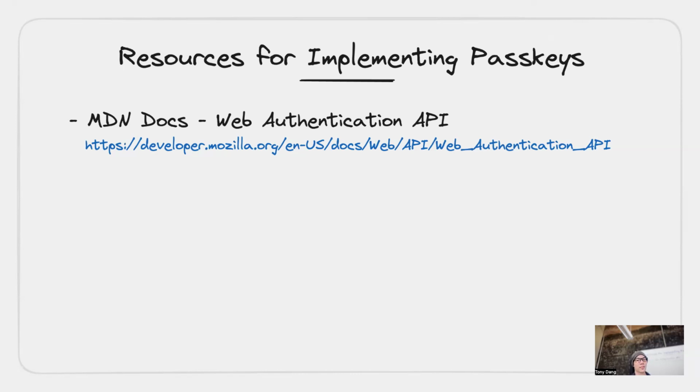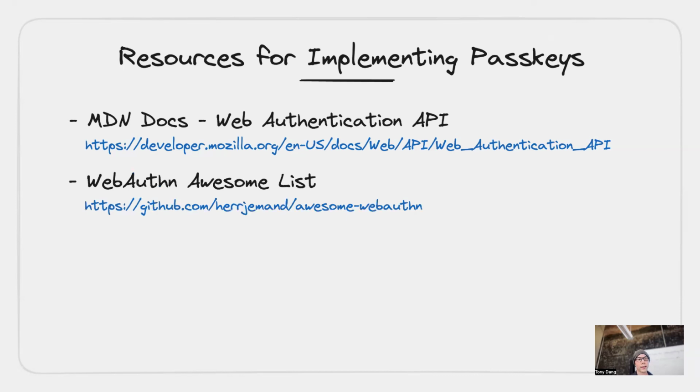The Web Authentication API is the API you build upon to implement passkeys. And then secondly, there's a really cool GitHub repository called Awesome WebAuthn, which has a bunch of resources and a few libraries for making passkey implementation easier.